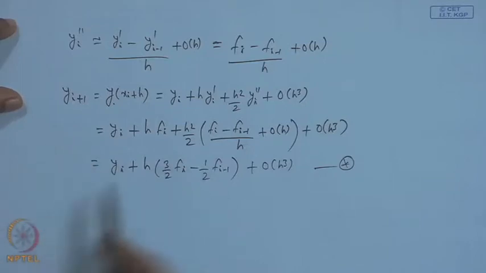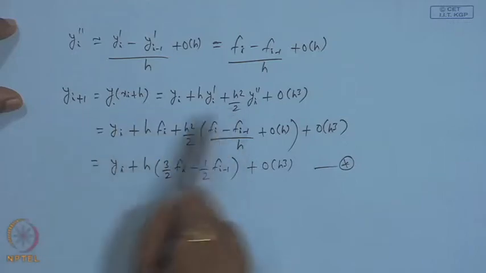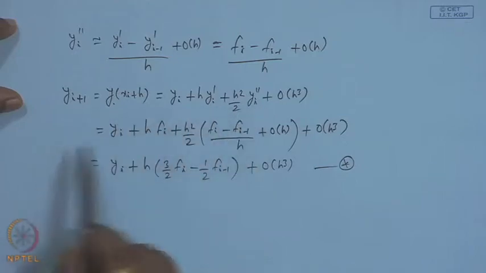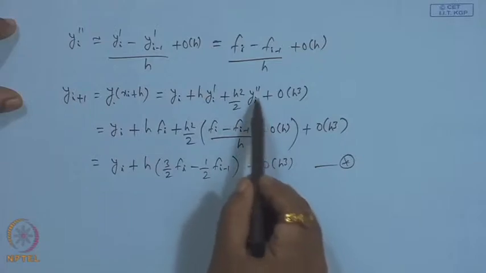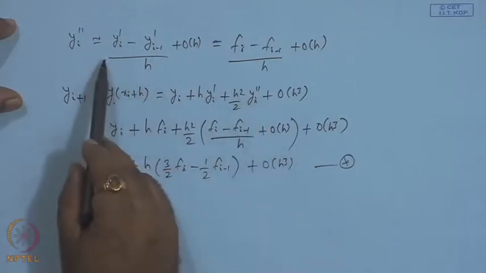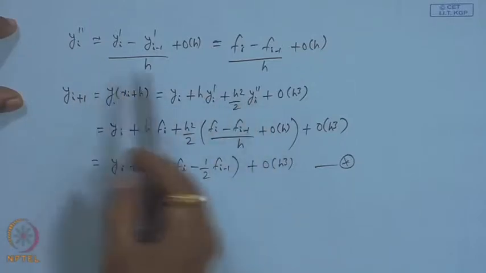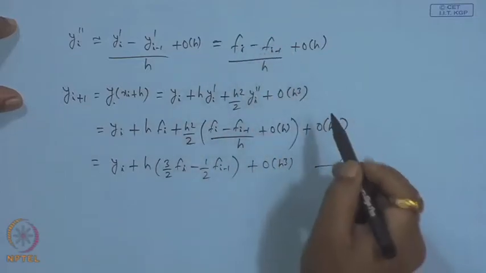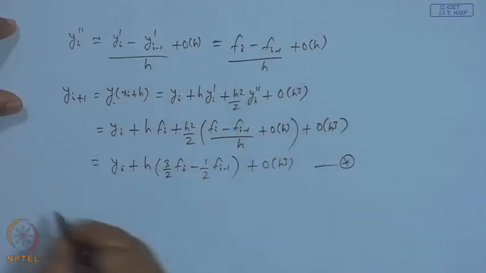So, what did we do? This is a Taylor series expansion, but then the second derivatives have been approximated by the corresponding finite differences which involve past points.